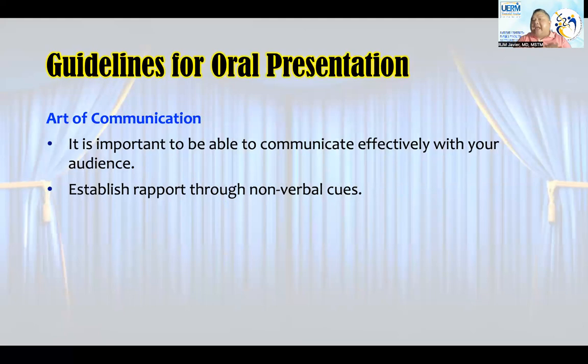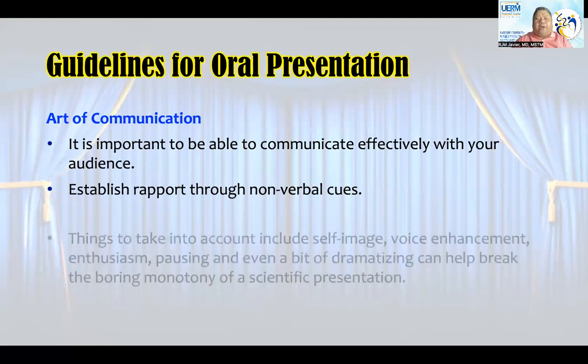You're trying to connect to your audience. So the way you look at the audience, or the way you nod, these are all examples of your nonverbal cues, which could be effective ways of establishing rapport.